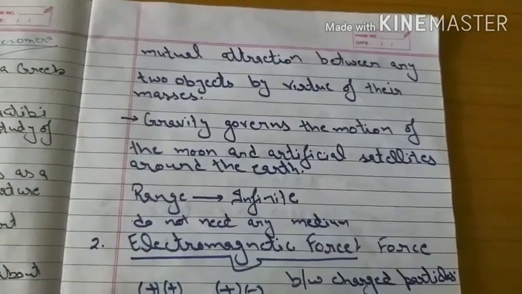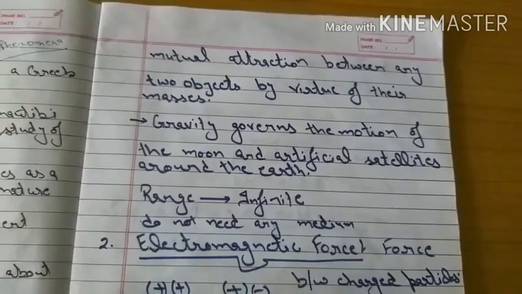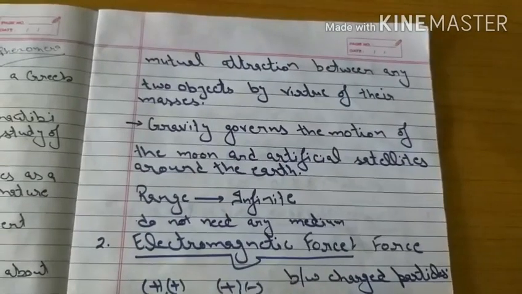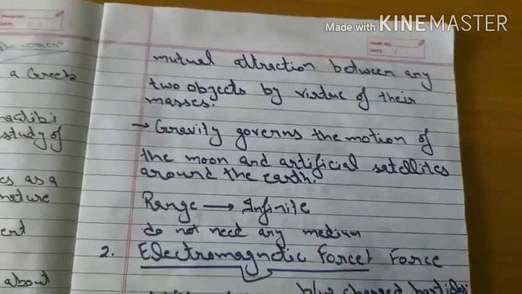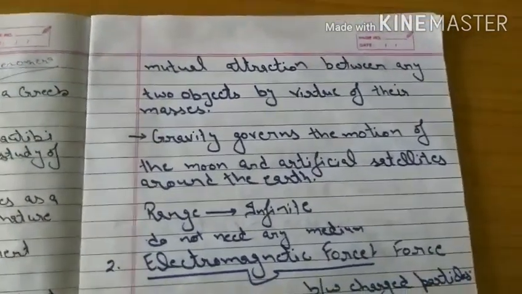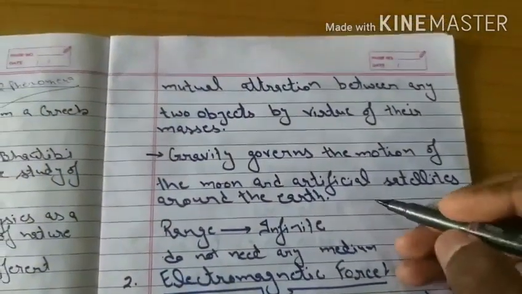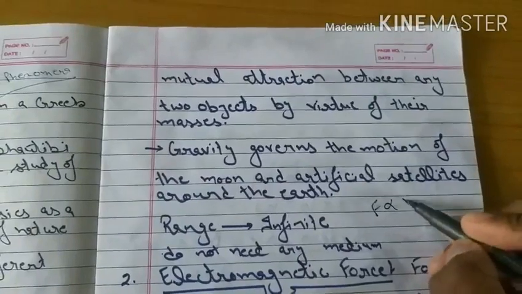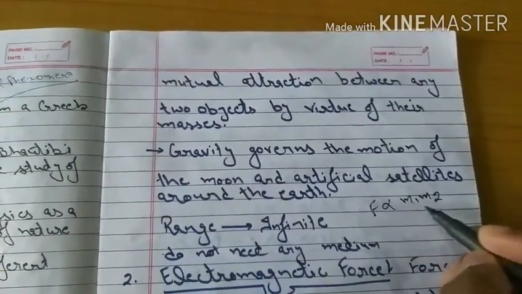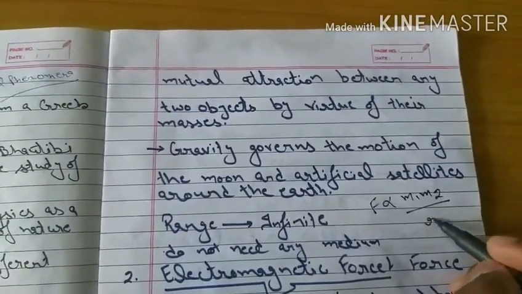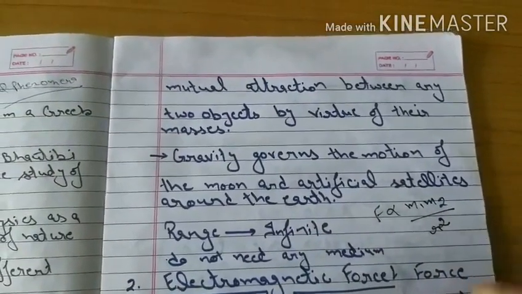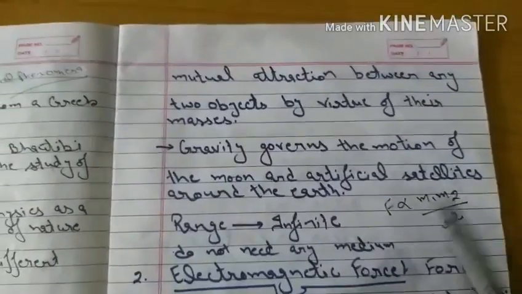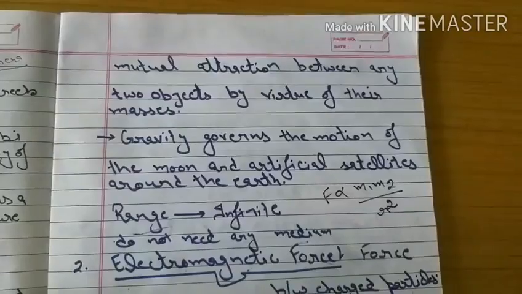That's why it is called a universal law. Remember the classic example of an apple falling on the ground, when Sir Isaac Newton gave the idea of the universal law of gravitation: F is directly proportional to the product of the masses of two bodies and inversely proportional to the square of the distance between them.